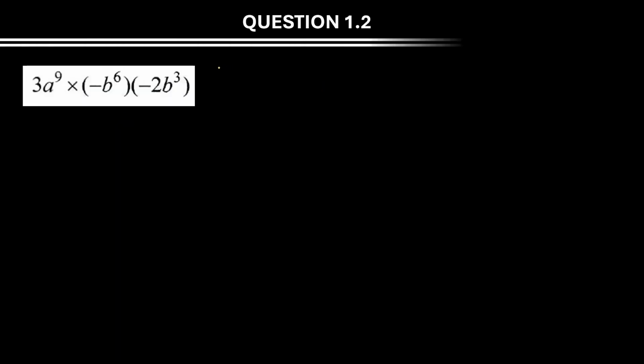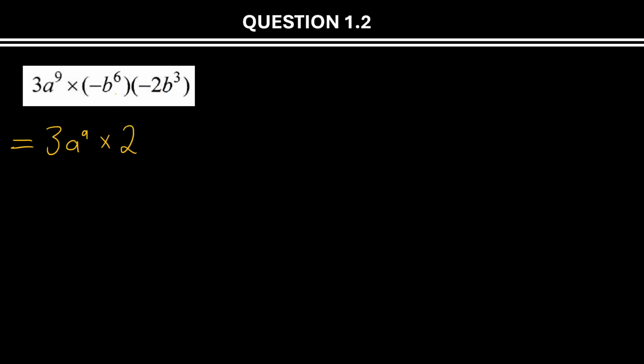All right, now for 1.2, let's start by simplifying the brackets. It's always useful to apply BODMAS in these scenarios. So let's just rewrite 3a to the power of 9 times. Now here minus and minus becomes a plus. 2 times 1 is just 2, and then b, so 6 plus 3 is 9, and then we have to multiply these two together.